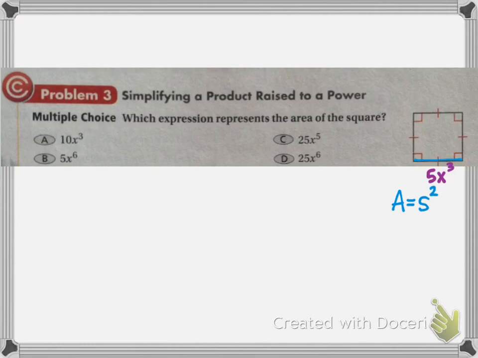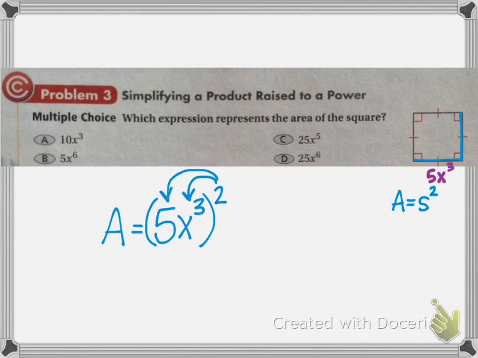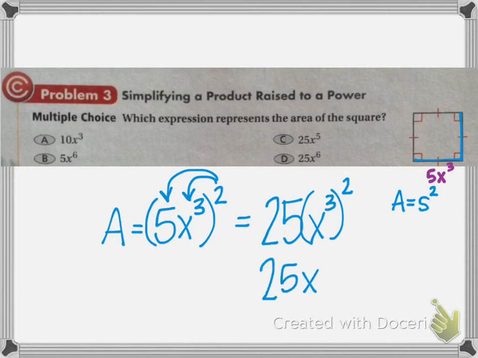In this case, the side length is 5x cubed. So we're going to square that. And that's going to square the 5 and square the x to the third. So that's 5 squared is 25. X to the third squared is x to the 3 times 2, which is 6, not 3 plus 2. So 25x to the 6th, that's actually going to be D.